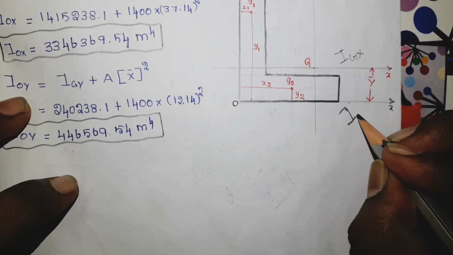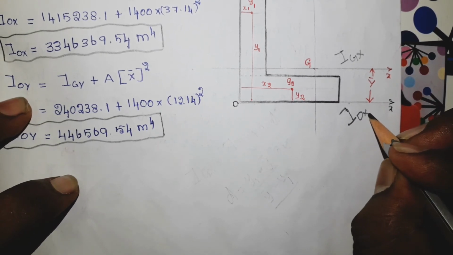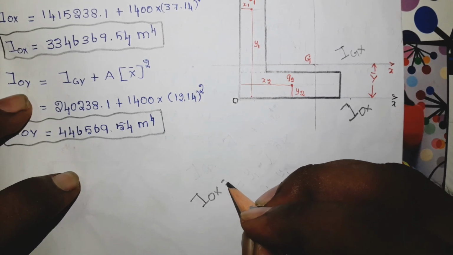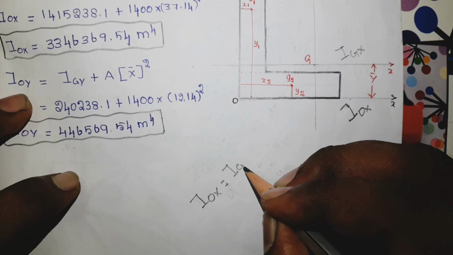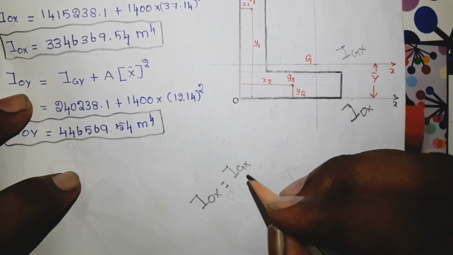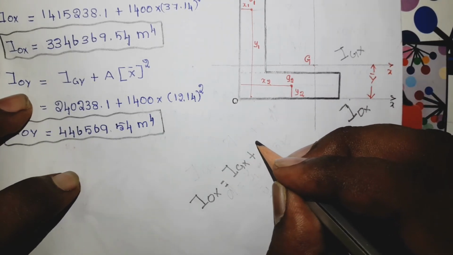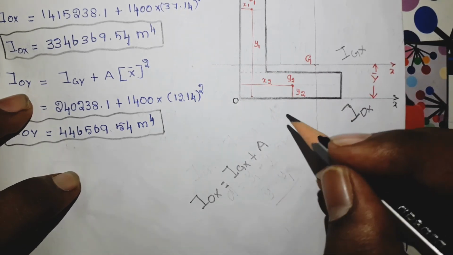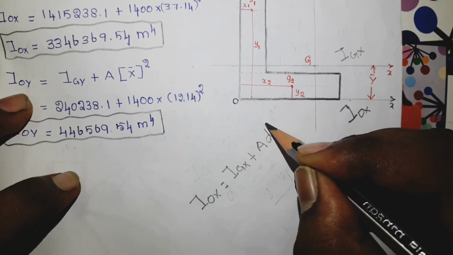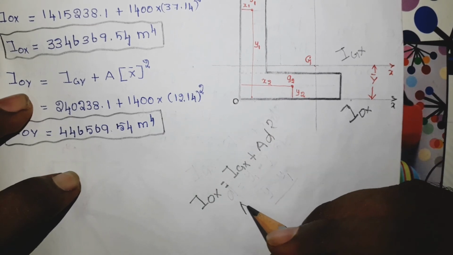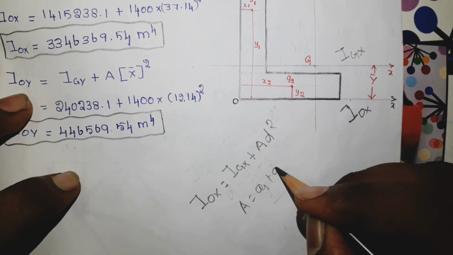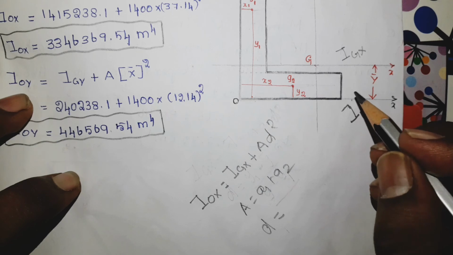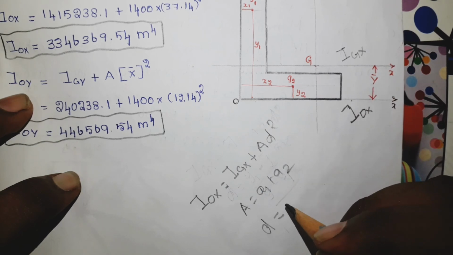The moment of inertia with respect to the base axis, I O x, equals I g x, the moment of inertia about this axis, plus area times distance squared. I am going to use capital A because I am going to take both areas, where A equals A1 plus A2, and D is the distance between these two axes, which is nothing but y bar.